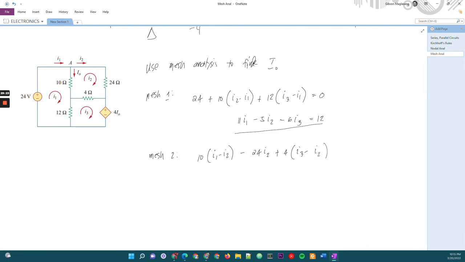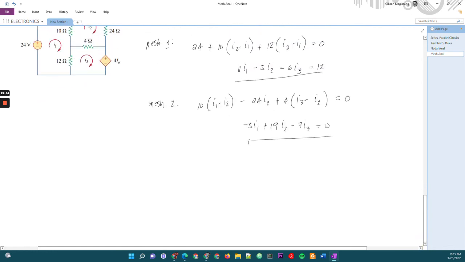Okay, so this is equal to 0. So simplifying this one, we should be able to get negative 5 I1, check it lang ninyo na siya, plus 19 I2, this is just algebra, minus 2 I3 equals 0. So this is your second equation from mesh 2.